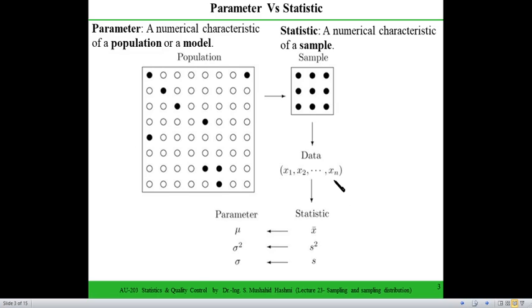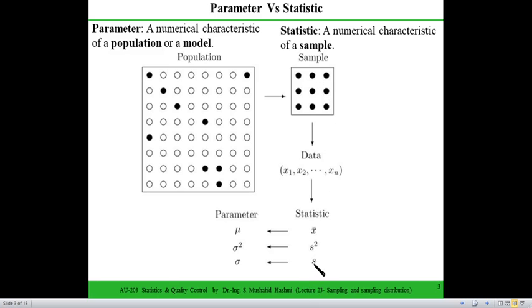So observations taken in this sample are evaluated, and the numerical characteristics of those samples are called statistics. So x bar is the mean of the sample, s square is the variance of the sample, s is the standard deviation of the sample.